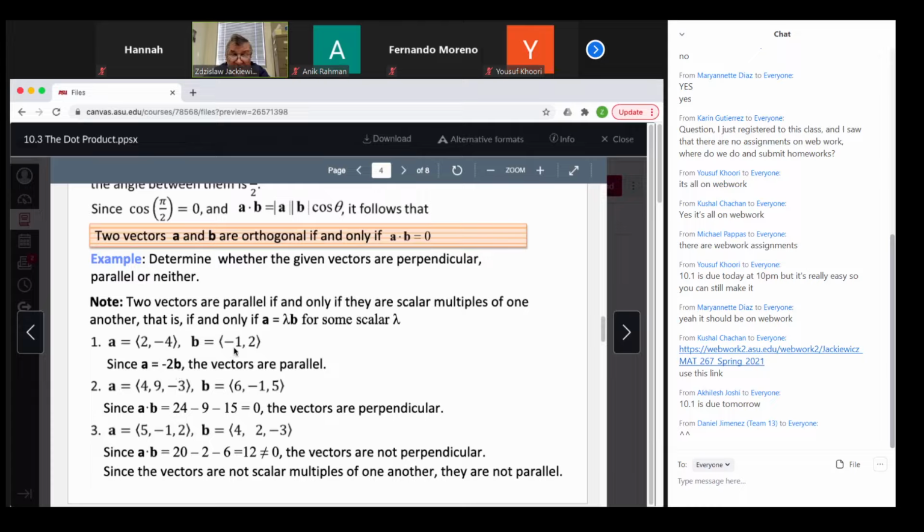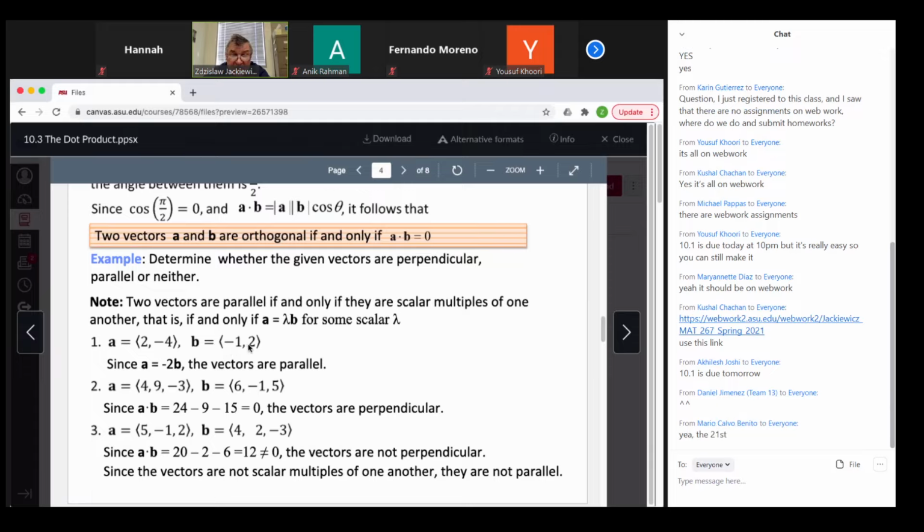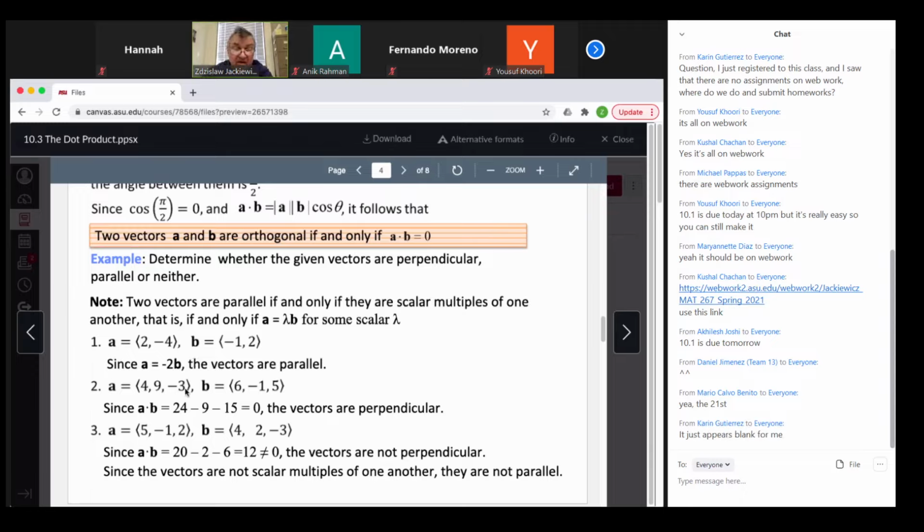What is minus 2b? Minus 2b is 2 and minus 4. So A is equal to minus 2b. So those vectors are parallel. They are parallel. Again, proportional vectors are parallel.